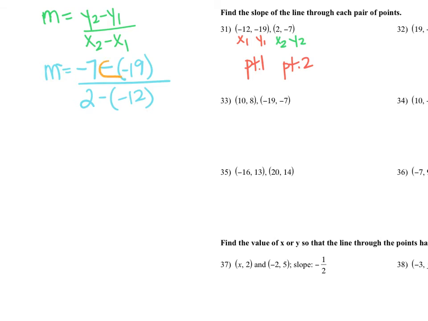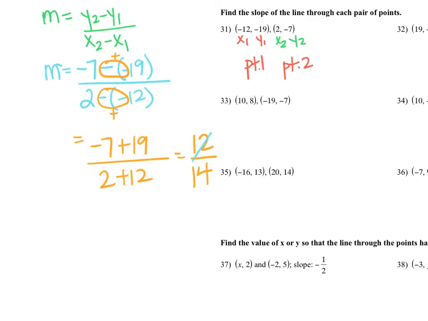Okay, so these two negatives make a positive, and these two negatives make a positive. So really, I have -7 plus 19 and 2 plus 12. Okay, and -7 plus 19 is 12, I believe, over 24. Just kidding. Where did I get that? I don't know. 14. And then I can simplify, so cross cancel and divide by 2. I get 6 over 7. And so my answer here would be m equals 6 over 7.